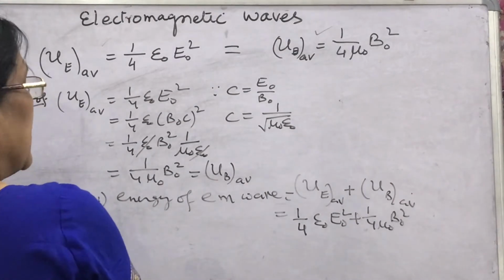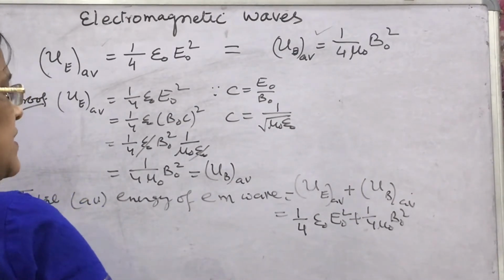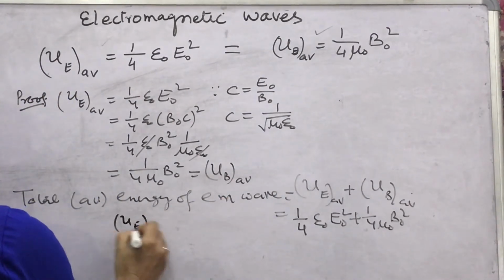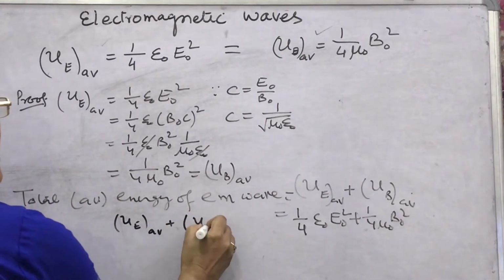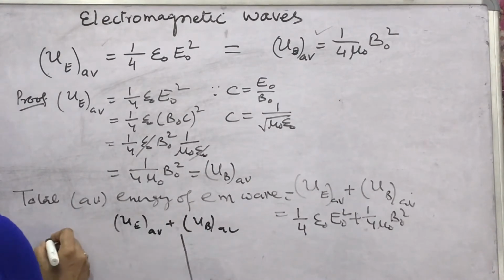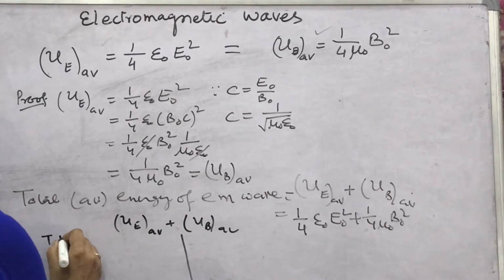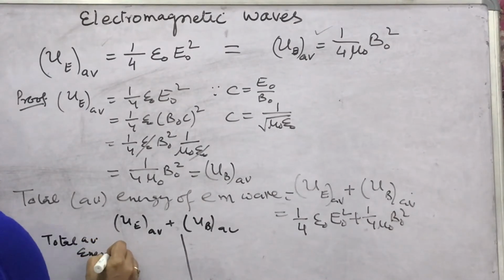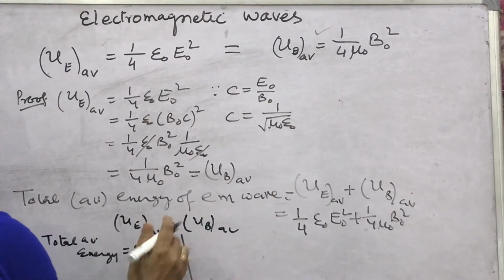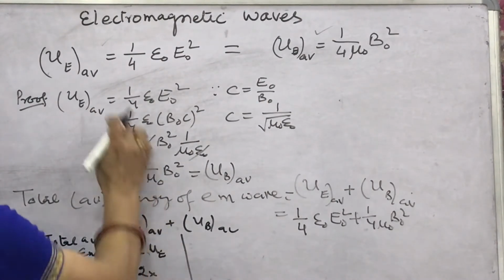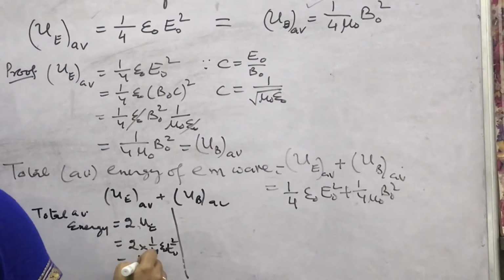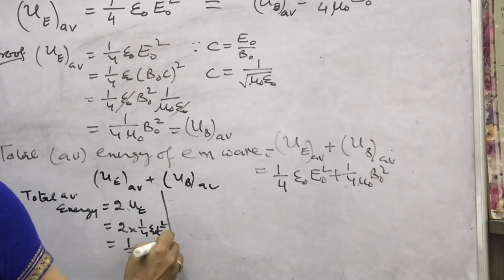The total average energy of the EM wave, UE average plus UB average, in the electrical form, since both are the same, will be 2 UE. You can write that, right? These two are the same. Then 2 into UE, which is 1 by 4 epsilon naught E naught square, that is half epsilon naught E naught square.